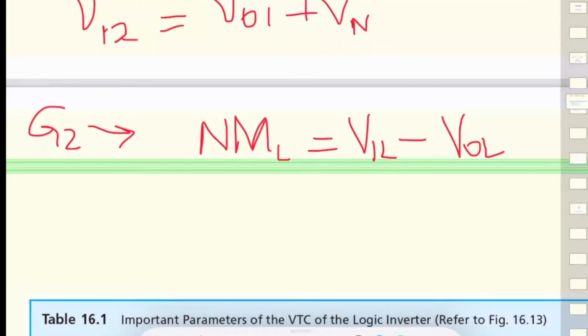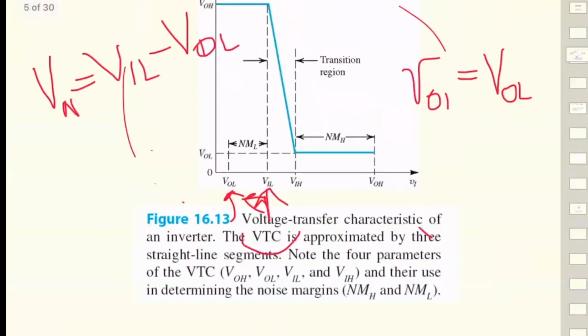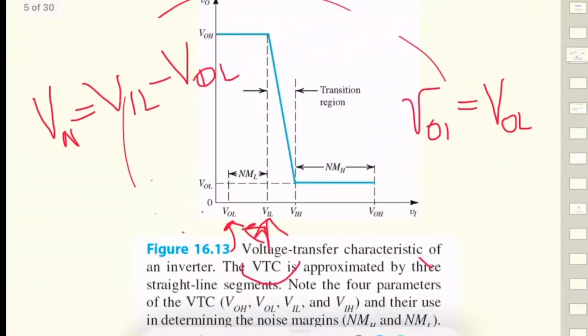So we have to connect this idea with the transfer characteristic, that this can have a maximum value of VIL minus VOL. Now, we'll stick to that.